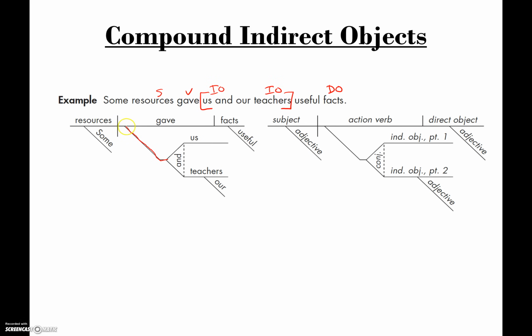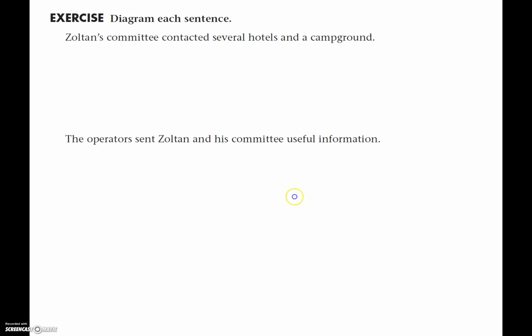So when we diagram this, we have our diagonal line that's parallel with our adjective and adverb lines, the beginnings of a horizontal line, but then it splits off into the two prongs of our fork for us and teachers, with the dotted line, our conjunction, and any adjectives that go along with it.